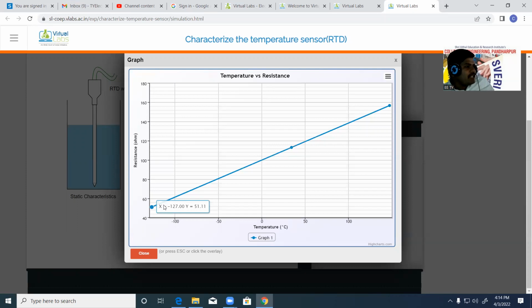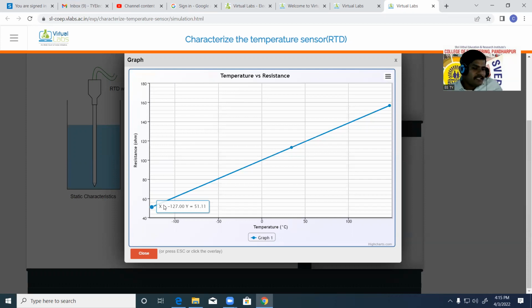With the change in temperature, the resistance of the metal changes, right? This is the static characteristics of RTD, that is resistance temperature detector or temperature dependent resistor.